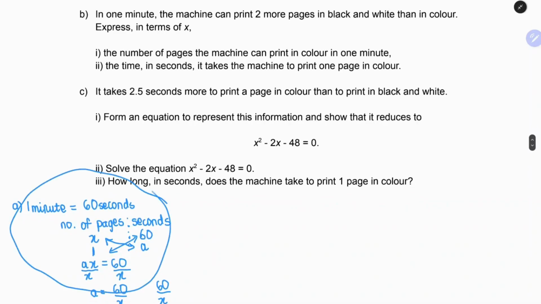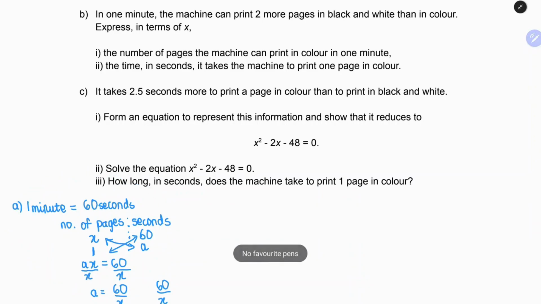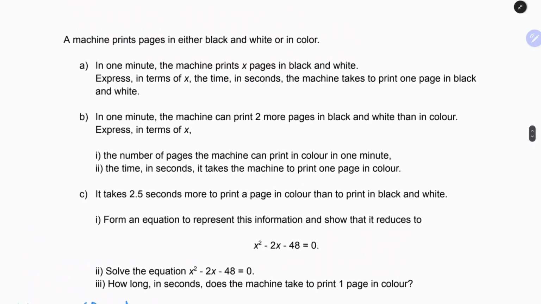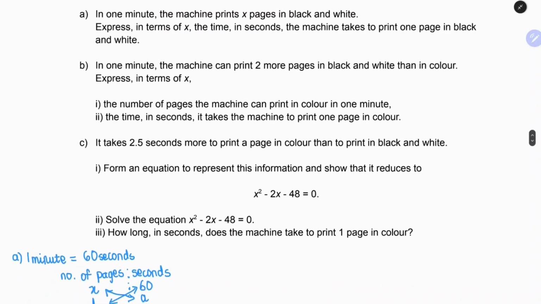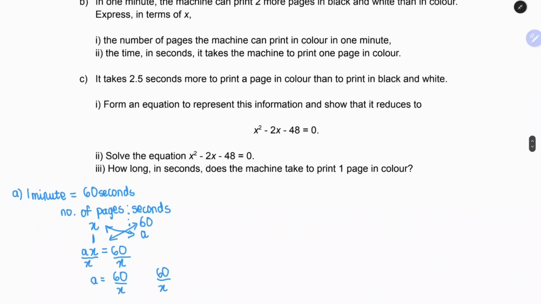So this whole contraption was just for me to show you what the rationale behind what we're doing is. Otherwise, immediately from the question, you can just say 60 divided by X without having to do all this. But hopefully you're able to understand what I was trying to do.